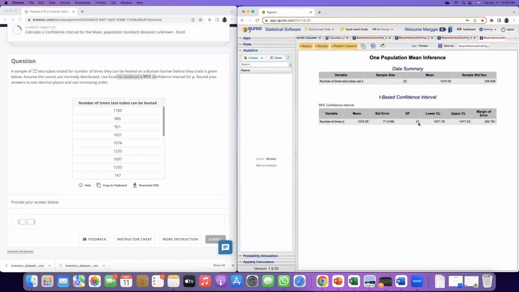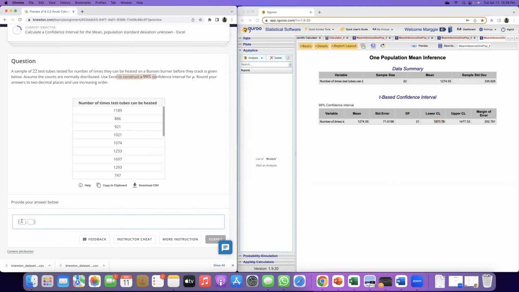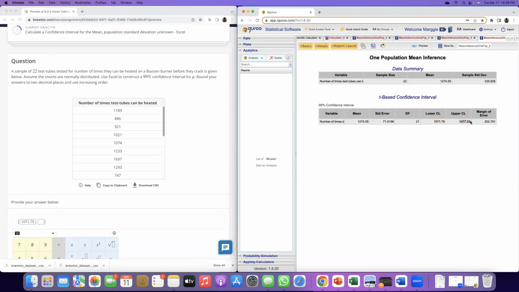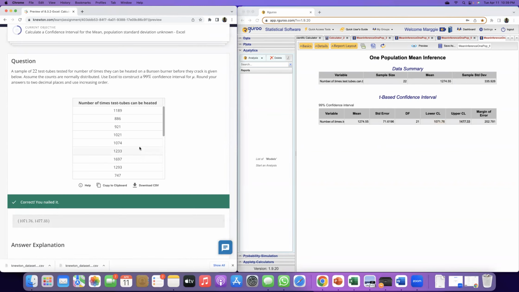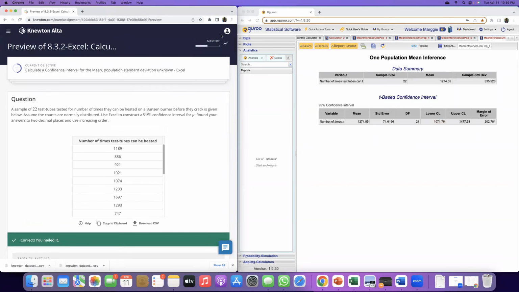We hit the blue eye and our confidence interval goes from 1071.76, rounded to 2 decimal places, to 1477.33. We hit submit, and that is it.